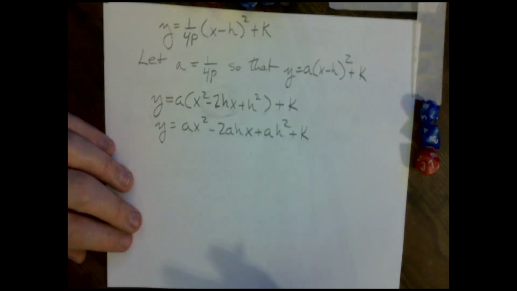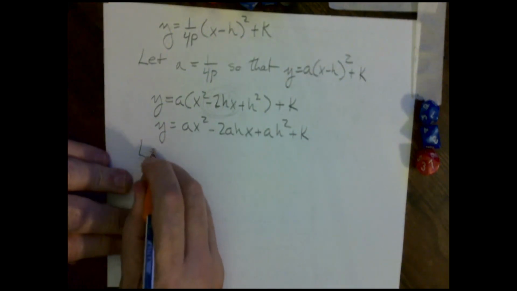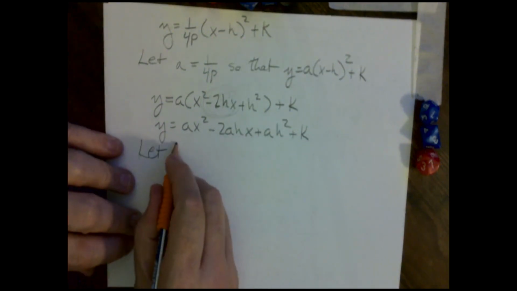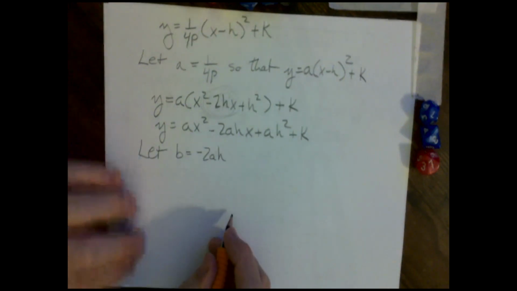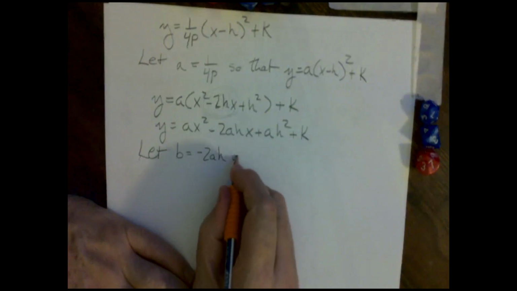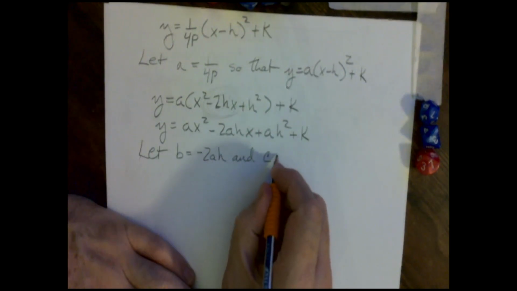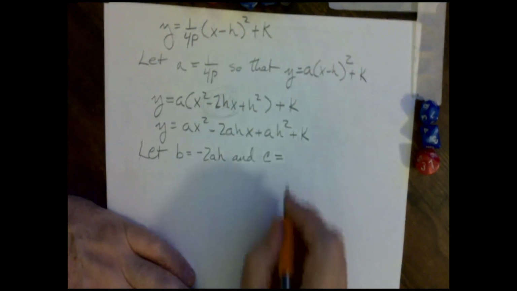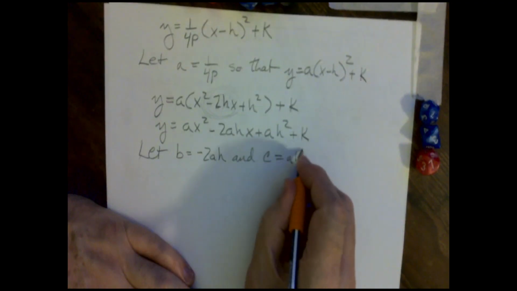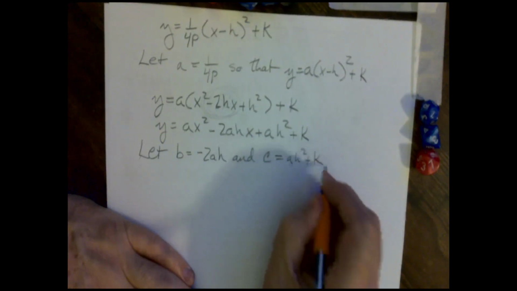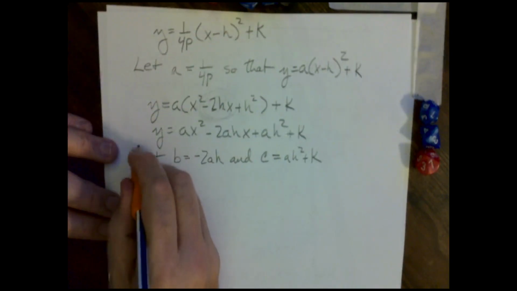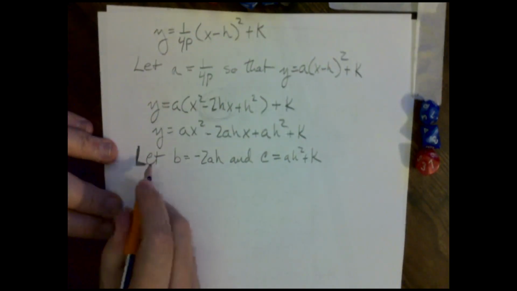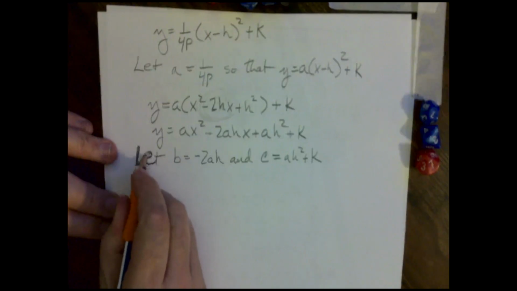So now let b equal negative 2ah. And let c equal ah squared plus k. Most powerful word in mathematics, right here.